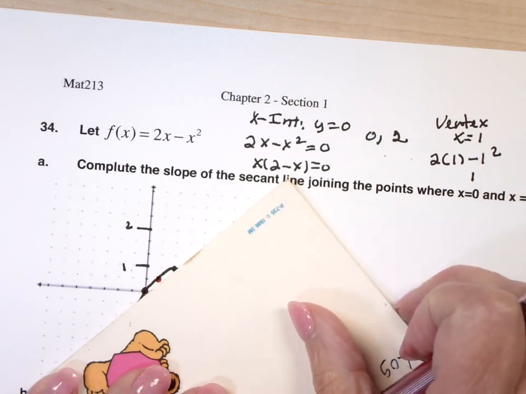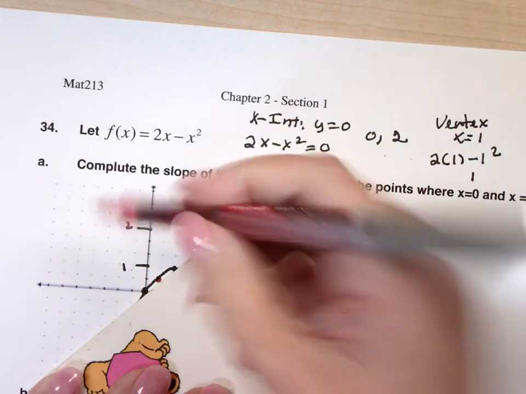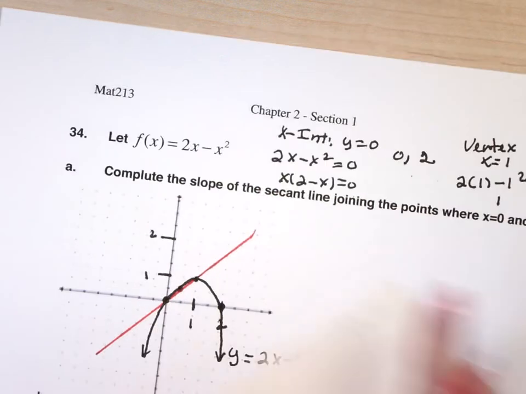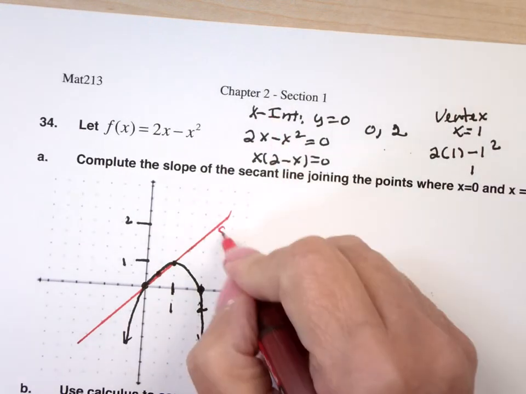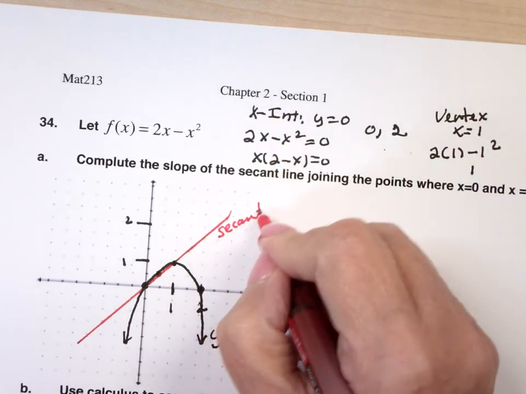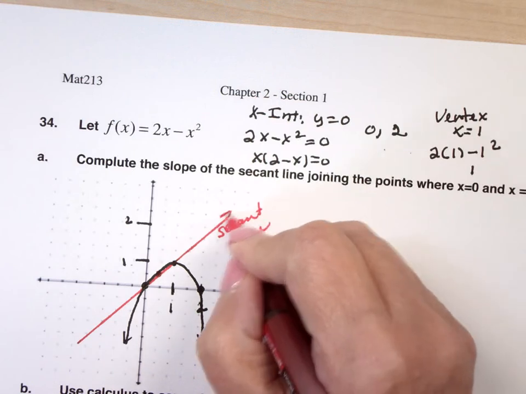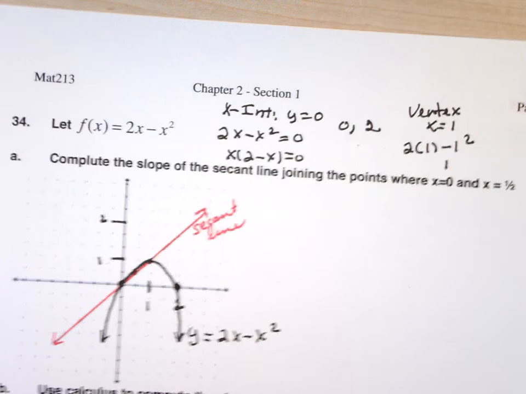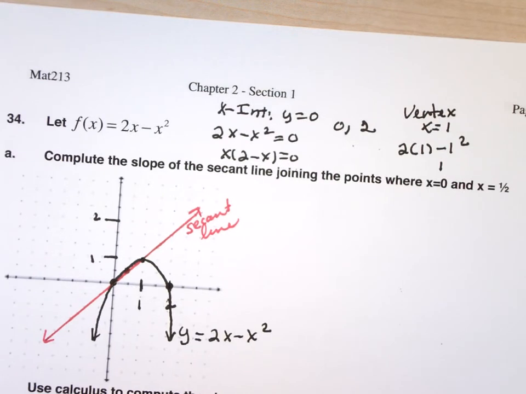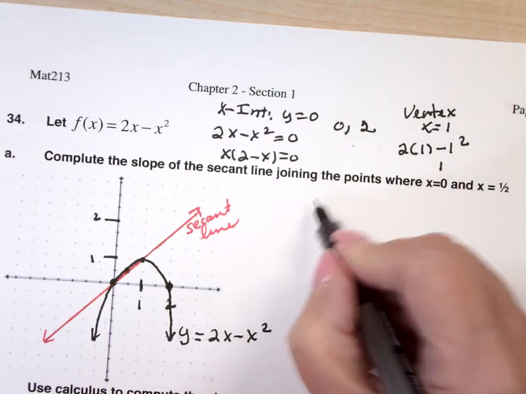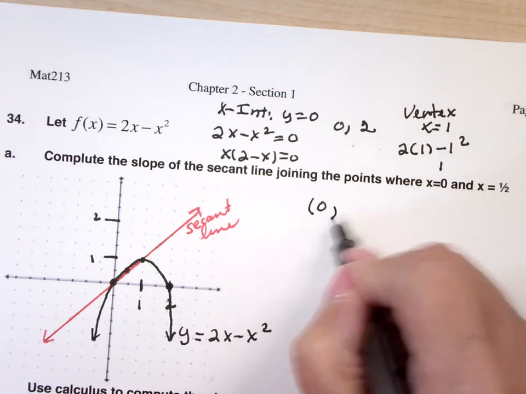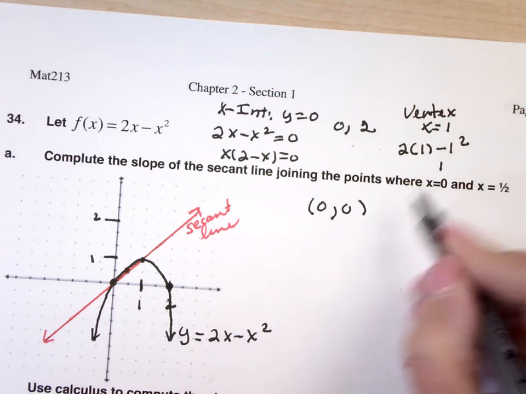If I'm going to do a secant, it might look something like that. Now this is one time I can't count. It would be nice, but I can't. So I'm going to have to calculate the 2 coordinate points. If x equals 0, that's easy, y equals 0.